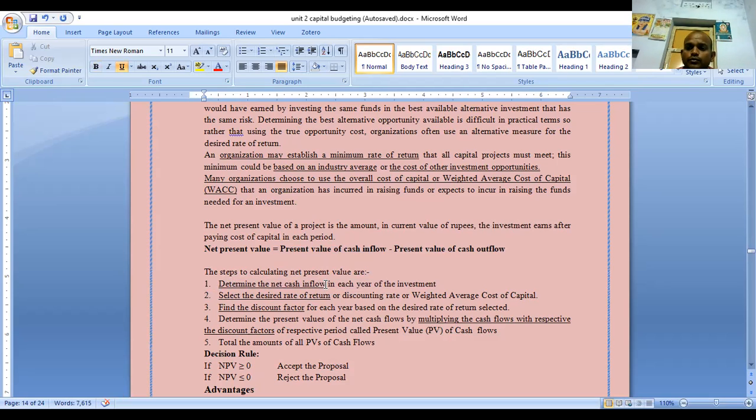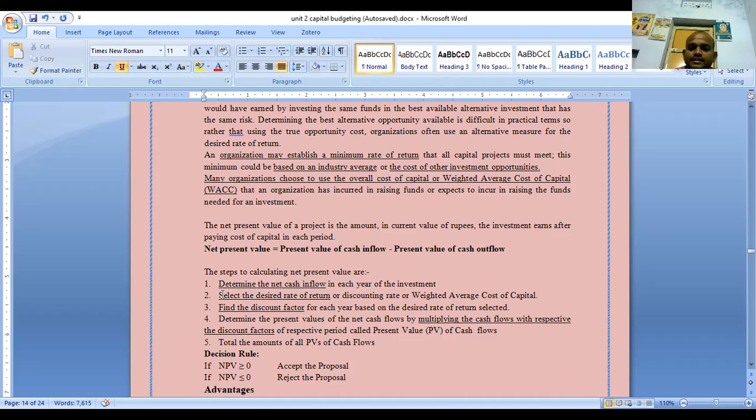From that you have to deduct the depreciation, and again you have to calculate the tax and deduct the tax. Again you have to add the depreciation, so that you will get the final net cash inflows. So that is the determination of net cash inflows. We have to determine the net cash inflows in each year of investment.